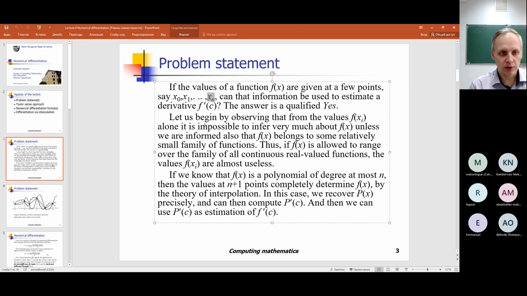We can estimate the derivative only in the case when we make some assumption, for example, that f of x belongs to the class of polynomials.